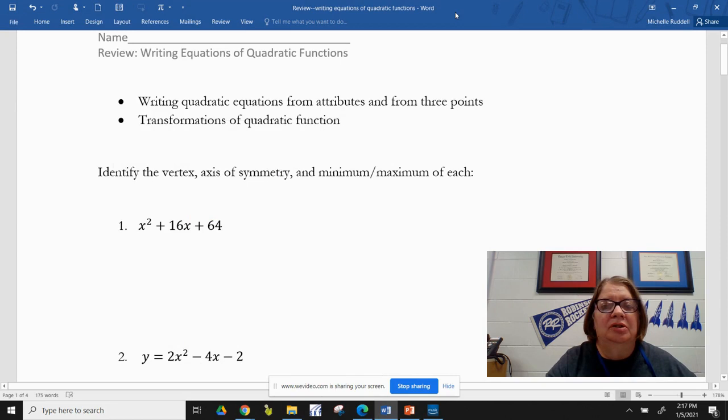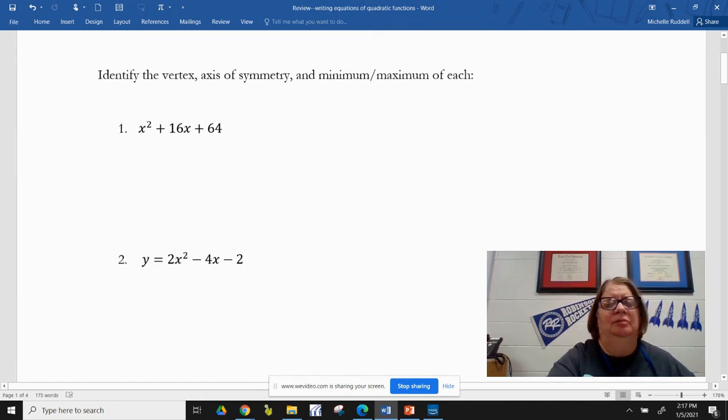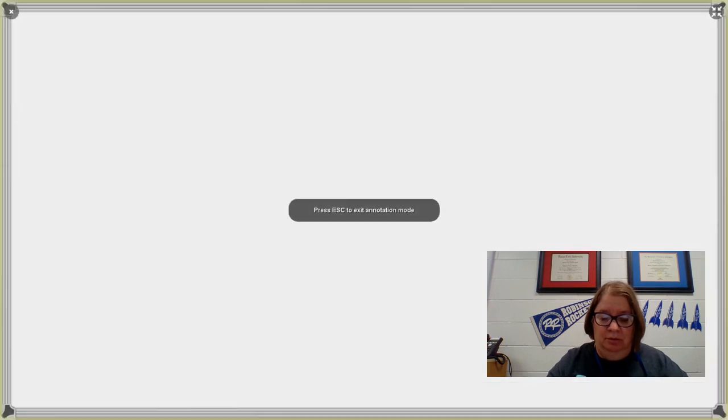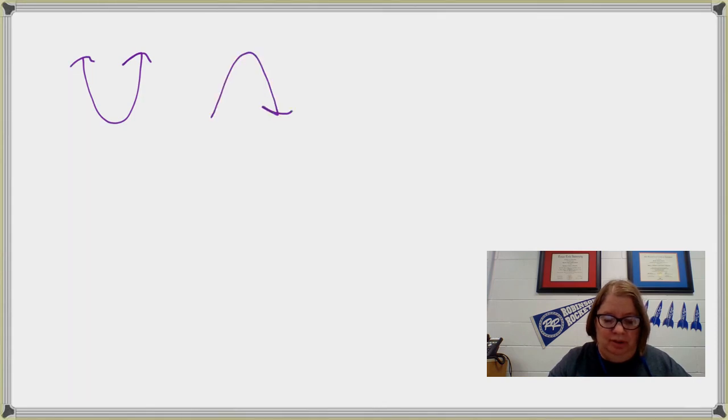Okay, so this is your review, and it tells you what we're going to review. The first 5 problems say identify the vertex, the axis of symmetry, and the minimum and maximum of each. Remember, with parabolas, what we're studying right now in Algebra 2 are some that open up and some that open down.